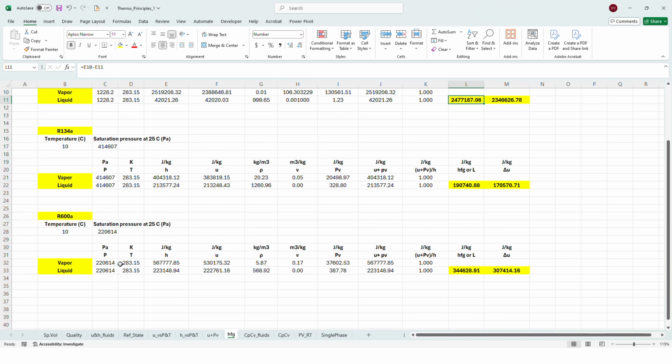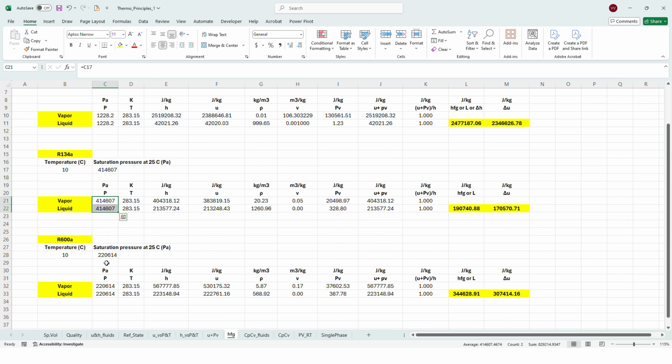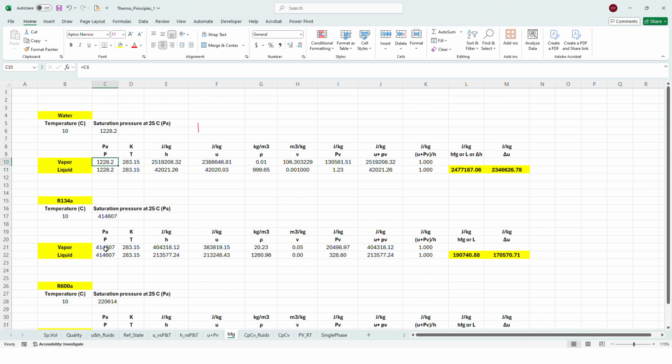But it's not just the latent heat that you have to worry about to look at cooling. You have to also look at the saturation pressure. So if you look at the pressures for the same temperature, these vapors have very high saturation pressures compared to water. So they vaporize much quicker.